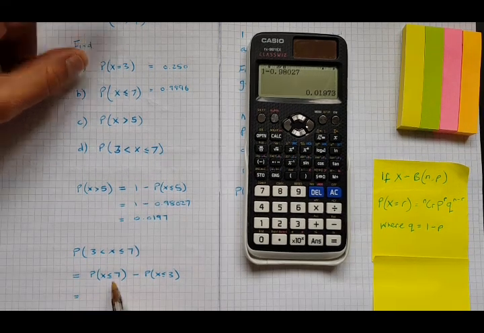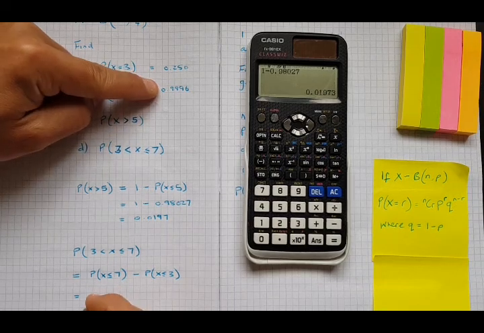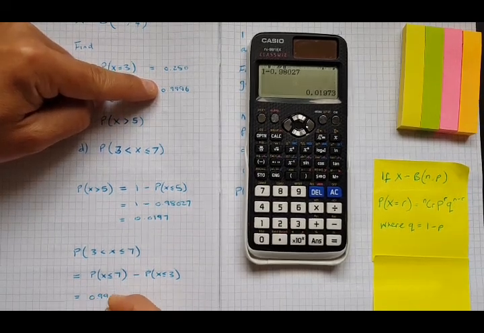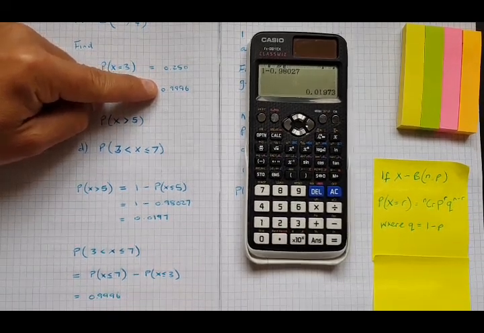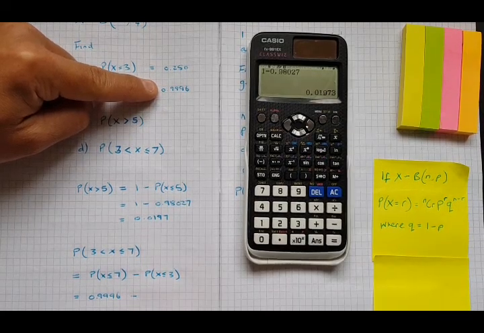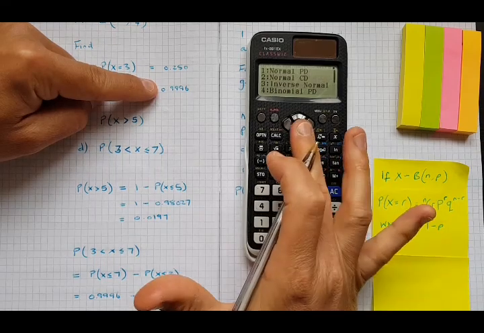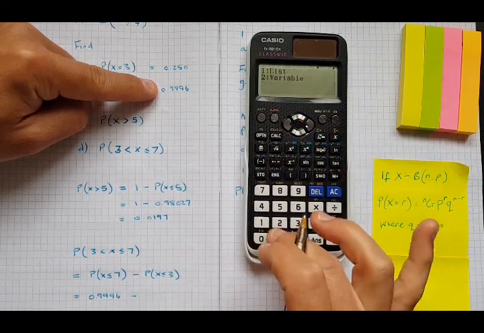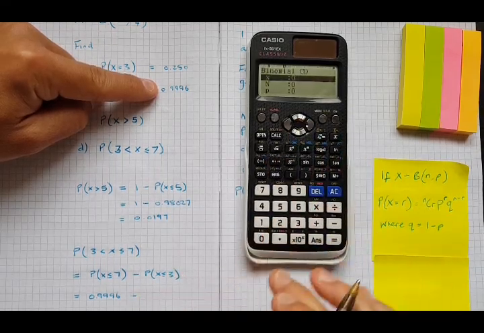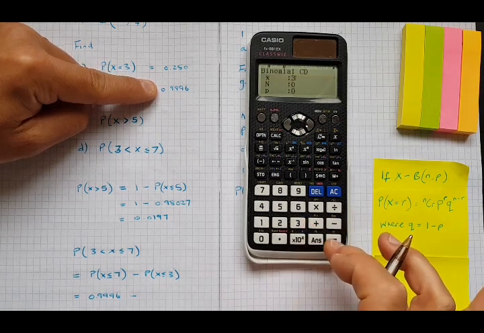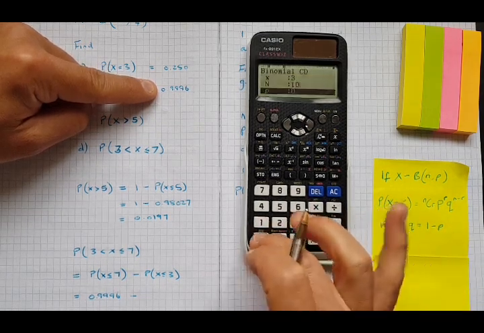So I already know this one because I've written it down here. So 0.9996. And I'm just going to go back and work out the probability of being 3 or below.